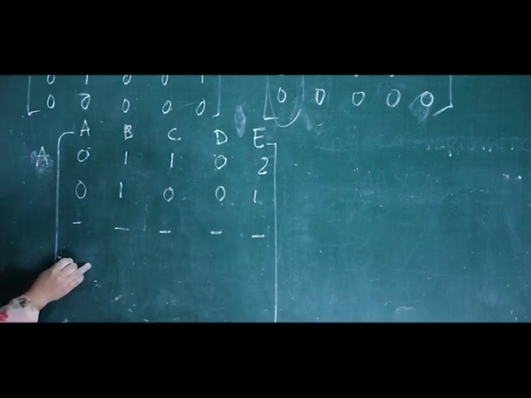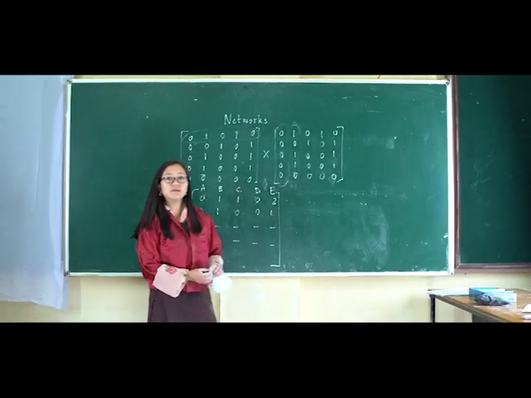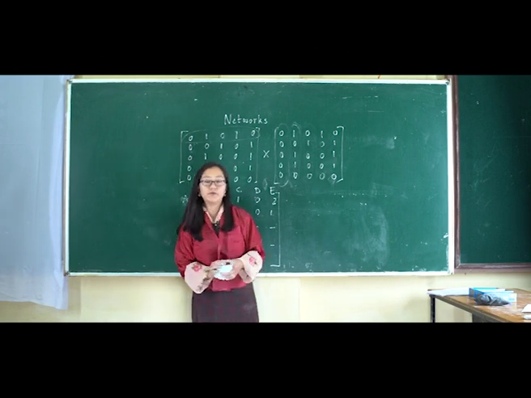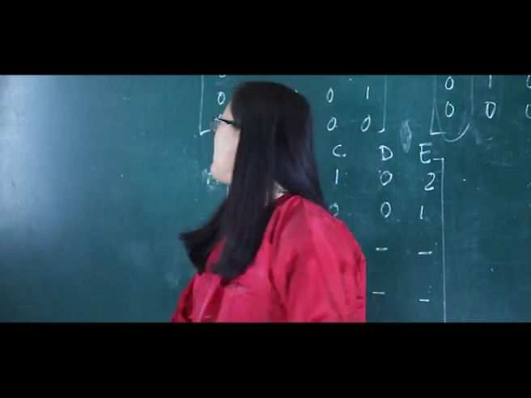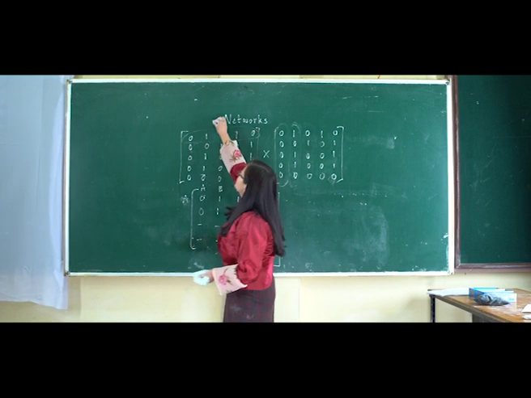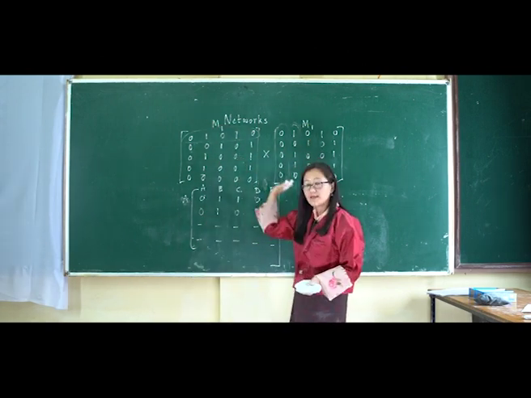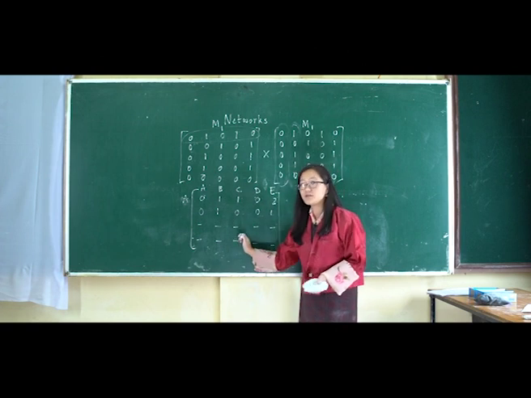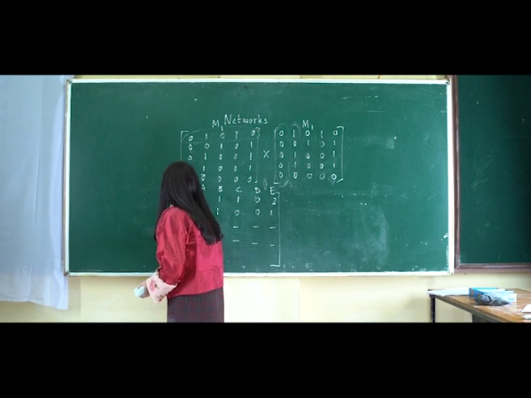Multiply it. This is how we find one stopover trip using a matrix. Now what about finding 2 stopover trips? I took this as matrix 1. This is also matrix 1 because they are the same. Let's say the product matrix that we have here is matrix 2, M2.